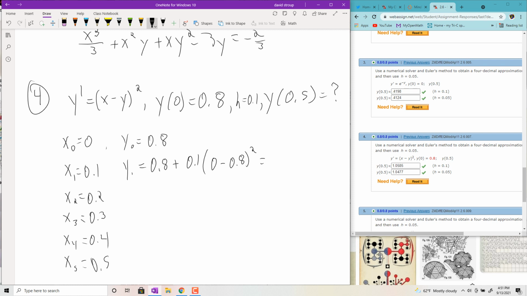0.8 plus 0.1 times 0 minus 0.8 squared. So 0.864.